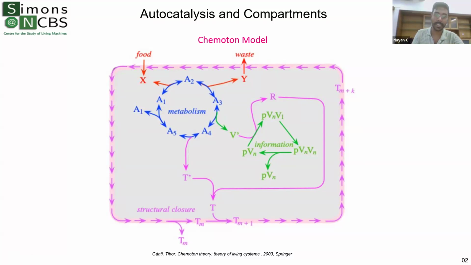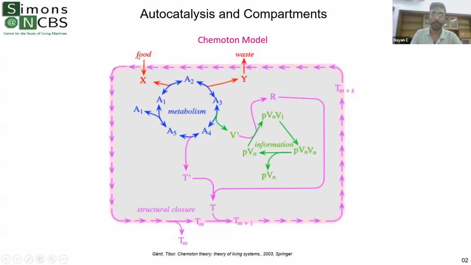That is the structural cycle, and also an information-containing cycle. All these three cycles would be coupled to each other. And of course, through this entire process, waste would also be generated into the environment. So this is a simple structural and chemical reaction network model for a protocell.